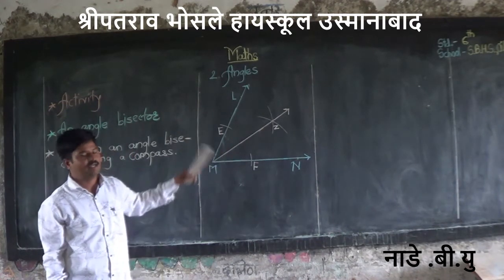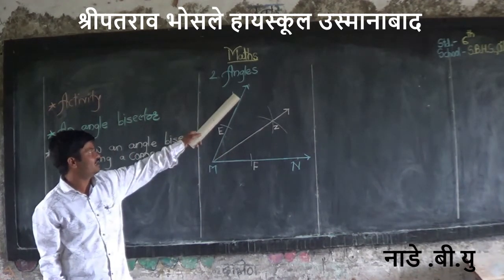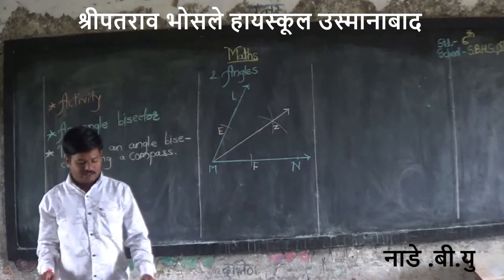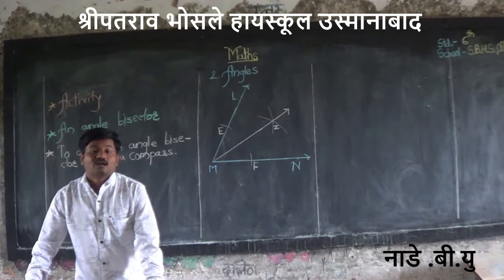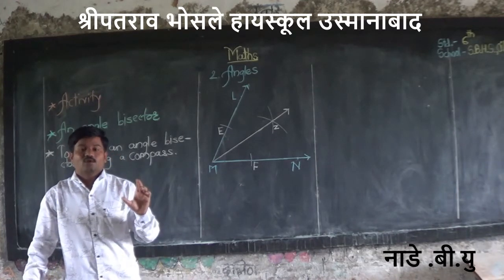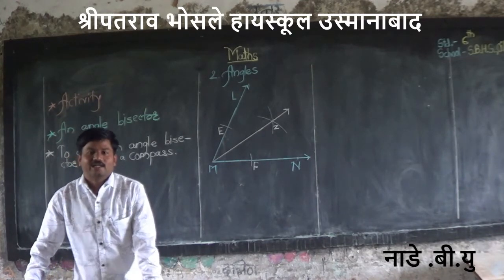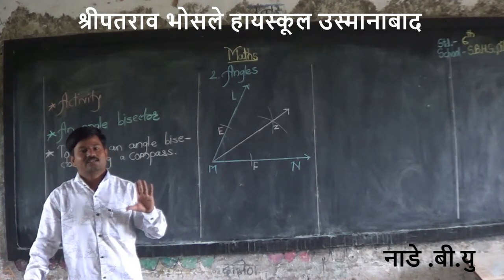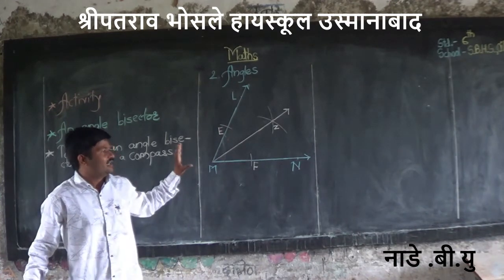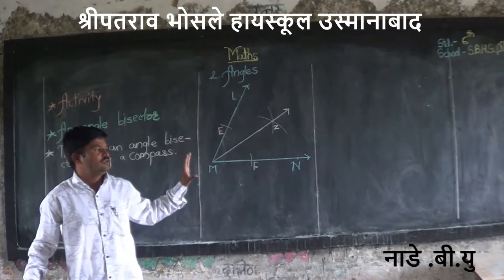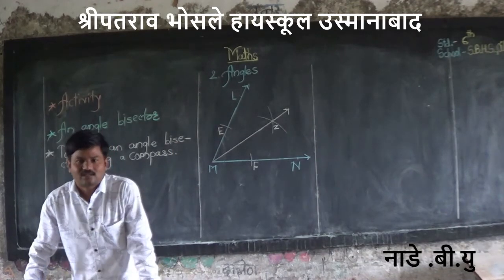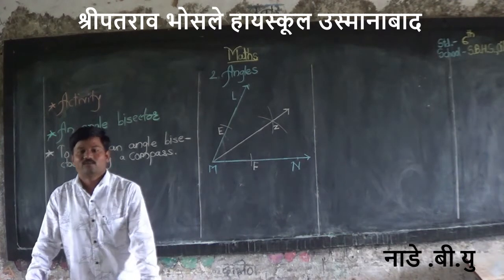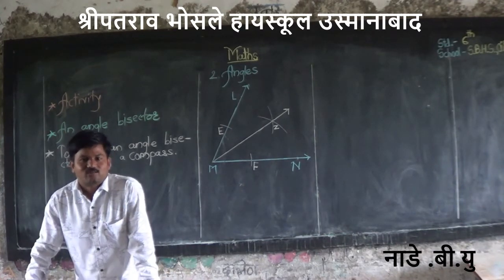MZ is the angle bisector of angle LMN. If you are watching the video, pause it and try to construct the angle bisector of any angle. Then we see the next point.